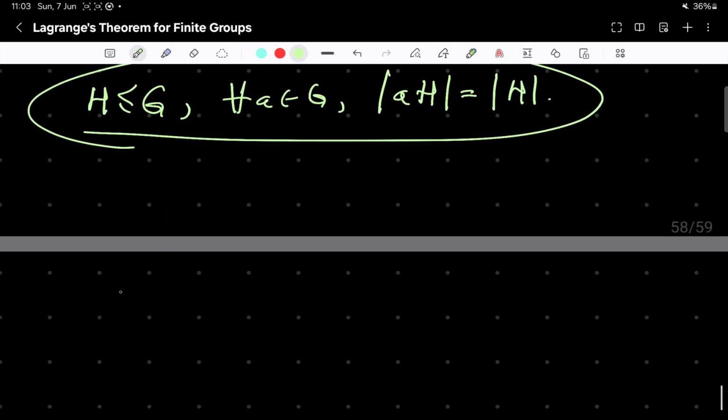So we recall the remark. Let A and B be finite sets.